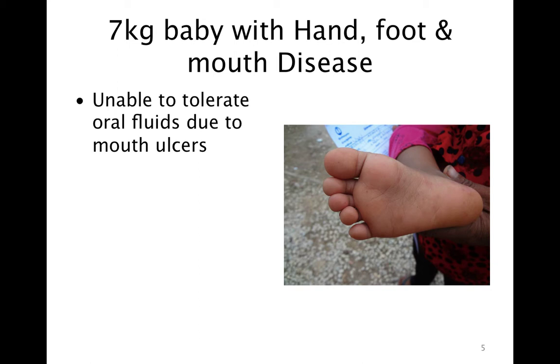How would you calculate their daily maintenance IV fluids? Using the formula, 100 ml multiplied by 7 kg equals 700 ml a day of half normal saline 5% dextrose.